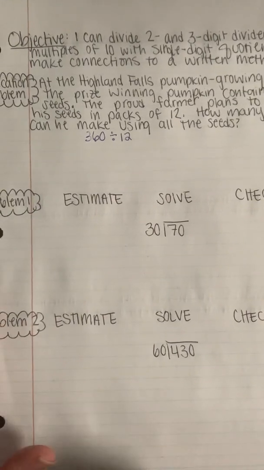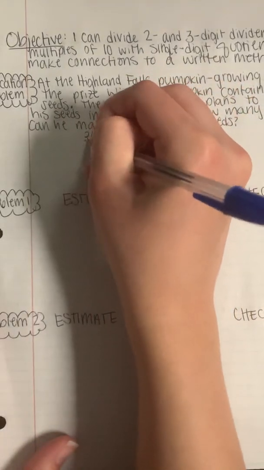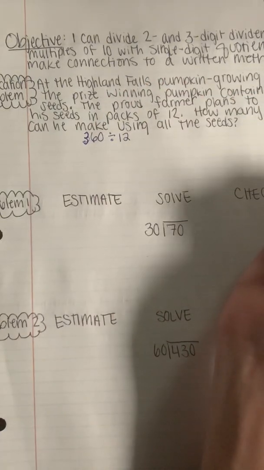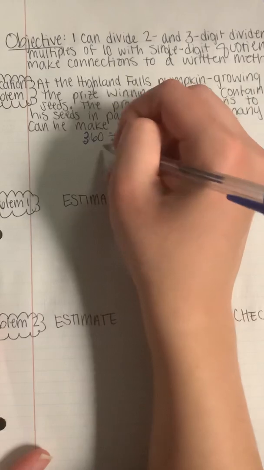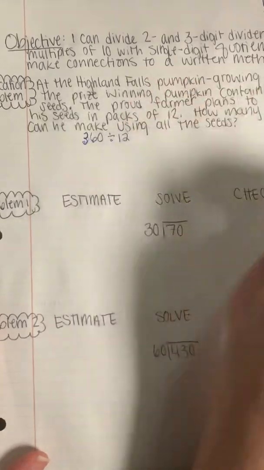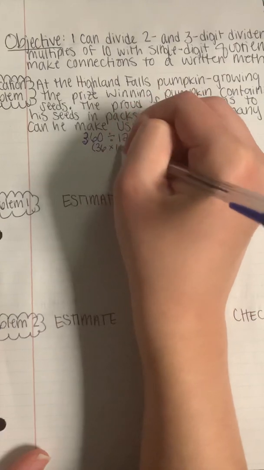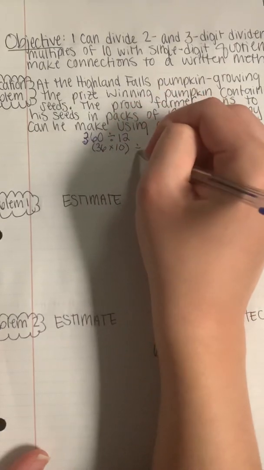I'm going to use some other strategies that we've practiced to break this problem up a little bit to make it a little easier for me to understand. So 360 seems a little big. I'm going to break that up into 36 times 10, and then I still have to divide that by 12.